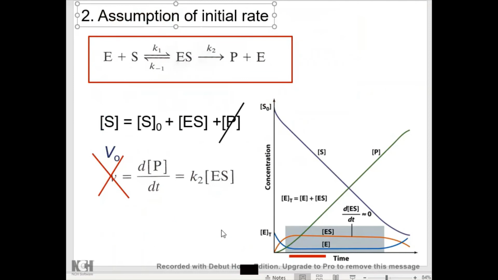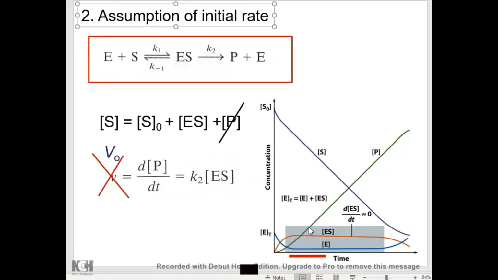The second assumption is the assumption of initial rate, which helps us to get rid of the product concentration. Consider our reaction at the very initial time point, roughly right here.